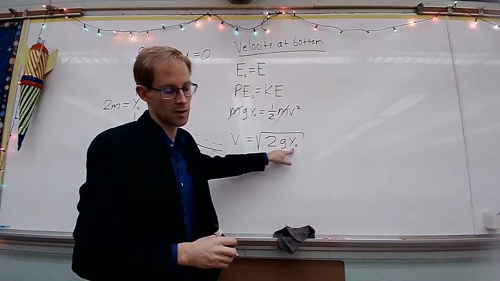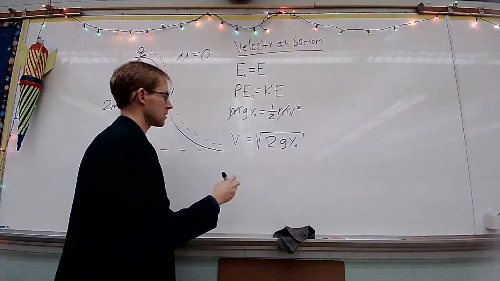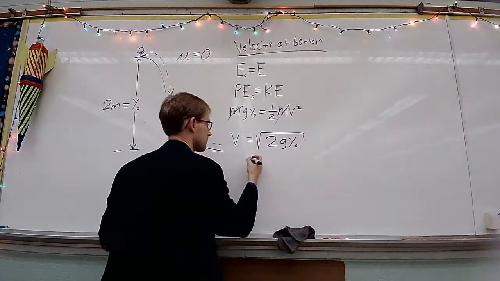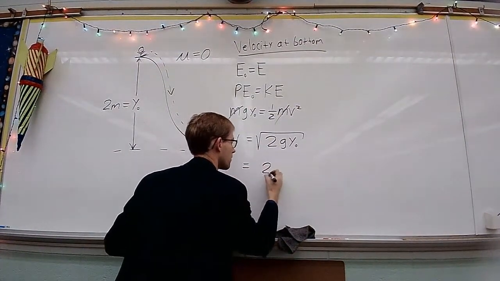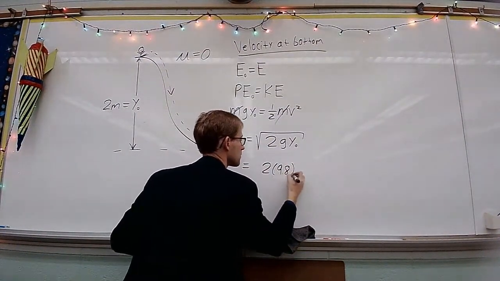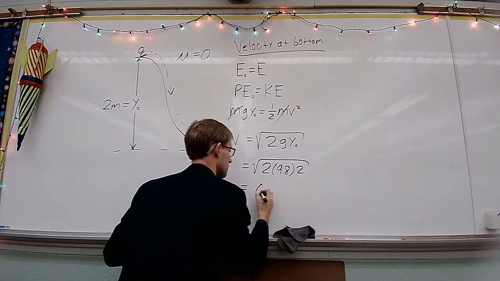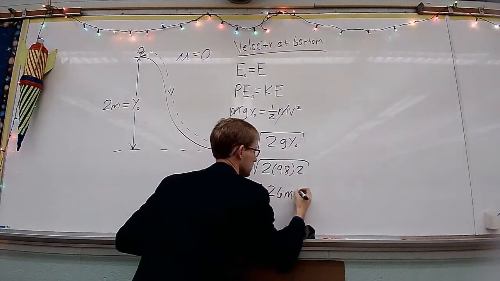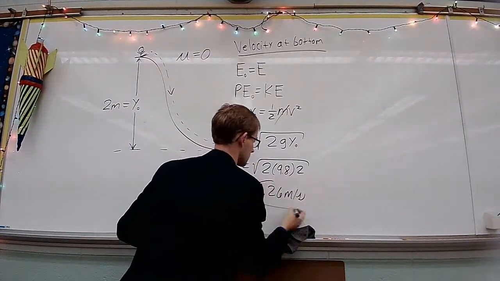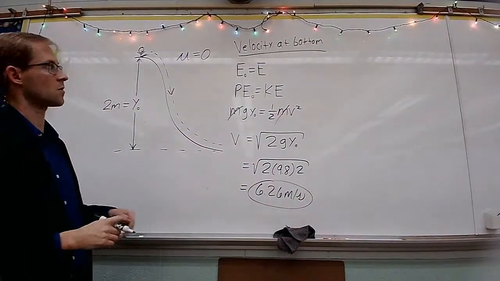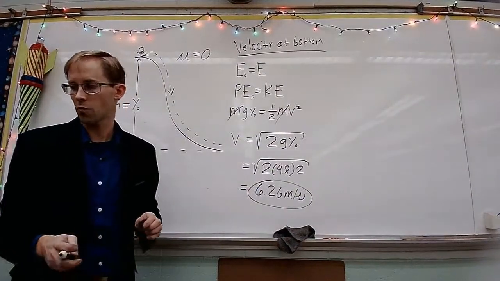When you do that, you would get 6.26 meters per second. And that would be the velocity at the bottom of the ramp, assuming that there's no friction.